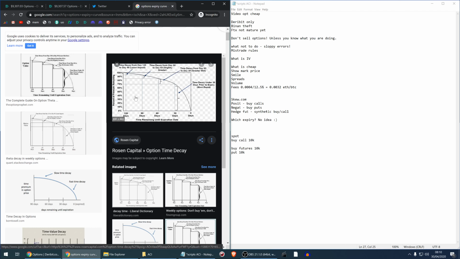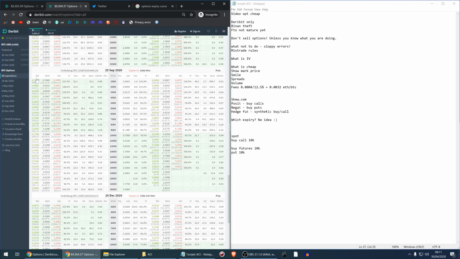Another thing to keep in mind is that the volume on the very long-dated options is rather low, so it might actually be more profitable to buy September calls rather than December calls, because the volume on the December is so pathetic and the spread is so high that you might be better off going for the September ones. You can see that the volume is around 500-600 options per day, while here it's barely 100. And that is pretty much it.